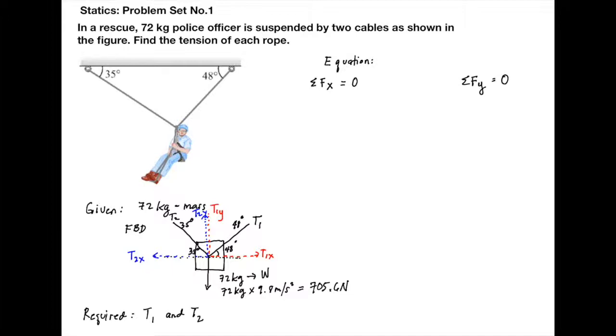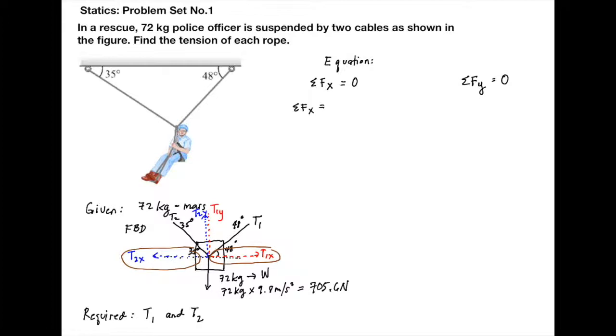And upon noting the components of all the X forces, the summation of Fx is equal to, we have here the X components, so we have here the T1X, and then we have here the T2X.